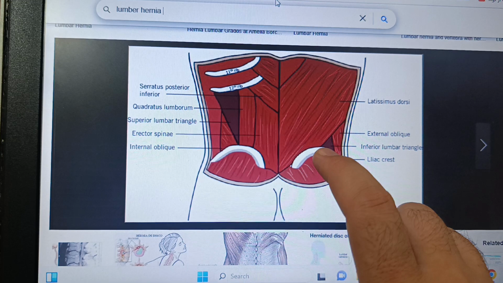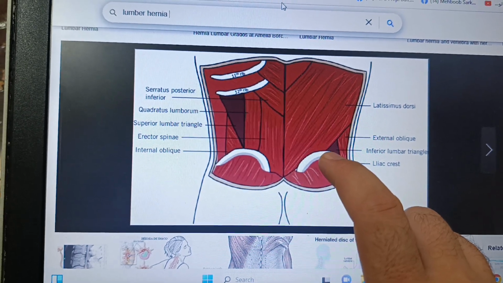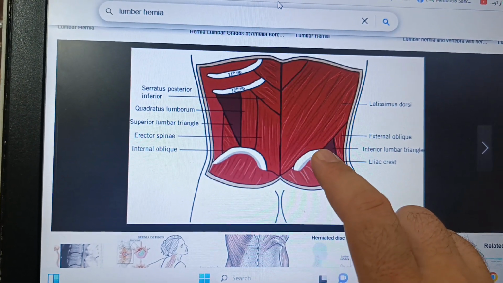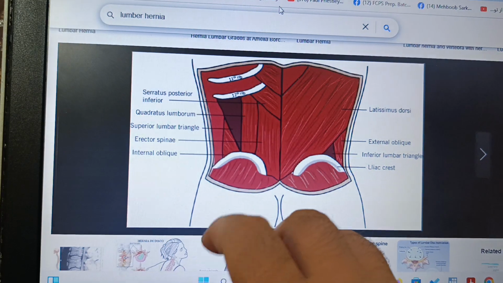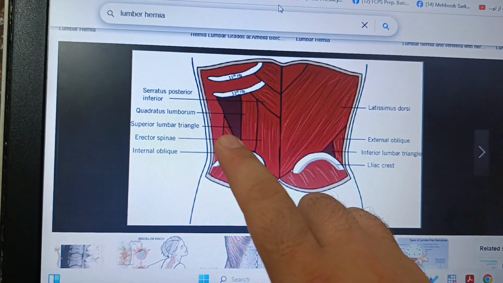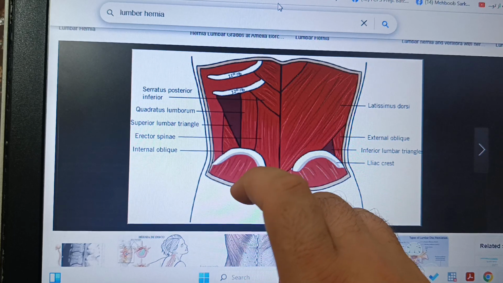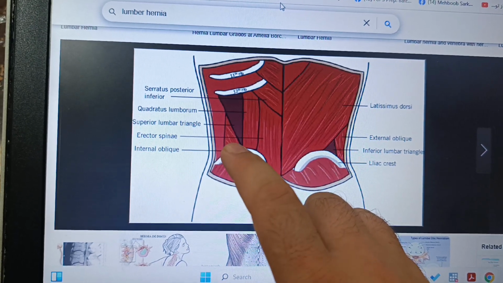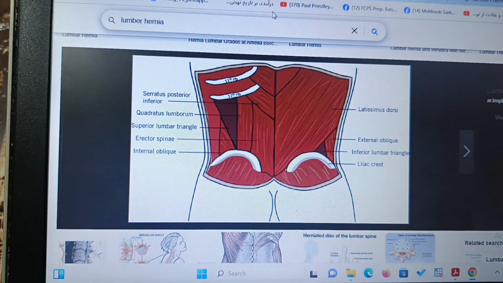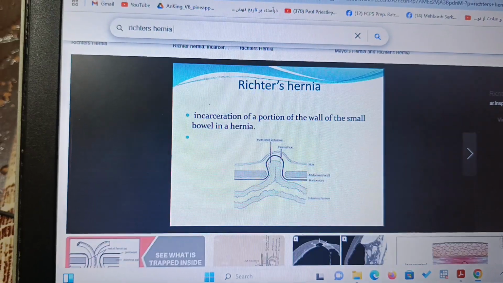If any hernia occurs from this part, it is called a lumbar hernia. This is the superior triangle. The boundaries we can see: quadratus lumborum, internal oblique.